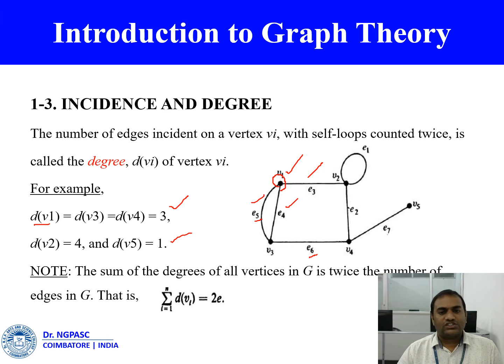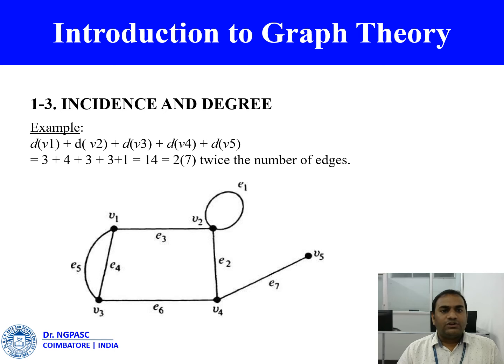Okay. Next, note that the sum of the degrees of all vertices in a given graph is twice the number of edges in the graph. For example, here in the same diagram there are 5 vertices with some degrees.